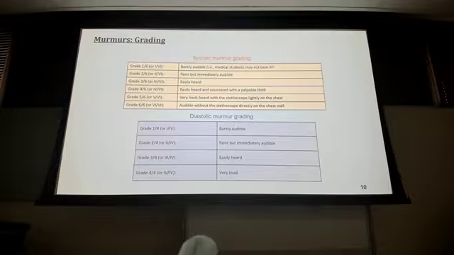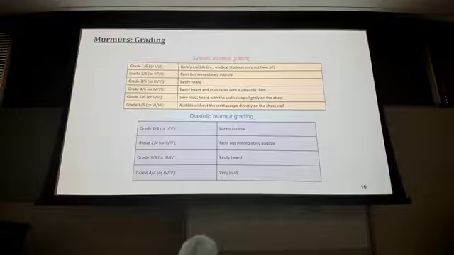Also recall from block 1 there's a certain grading system when you try to describe the murmurs. And you've got to remember, systolic murmurs are not graded the same as diastolic murmurs. So when you say this is a 2 out of 6 systolic murmur, there's a specific thing that you're trying to convey to folks coming after you reading your note.